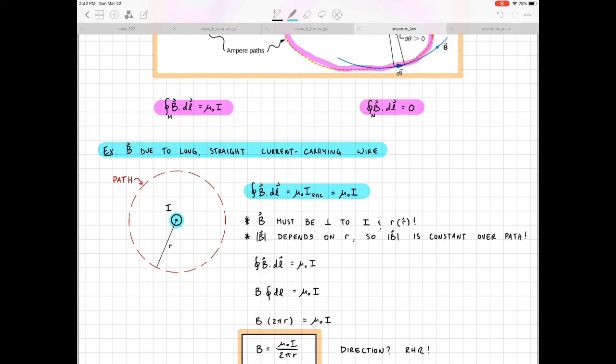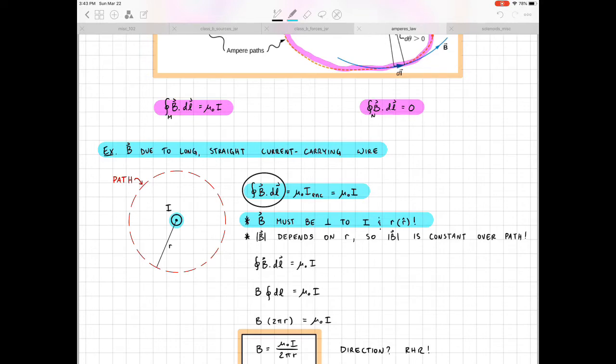So the question is whether or not we can do anything with this left-hand side to try to figure out what the magnetic field strength is. So here are a few things that we should appreciate. First off, the B field, the vector, must be perpendicular to both I and r. Here I've just drawn r as a length, but there's a vector r that you can associate with that length.